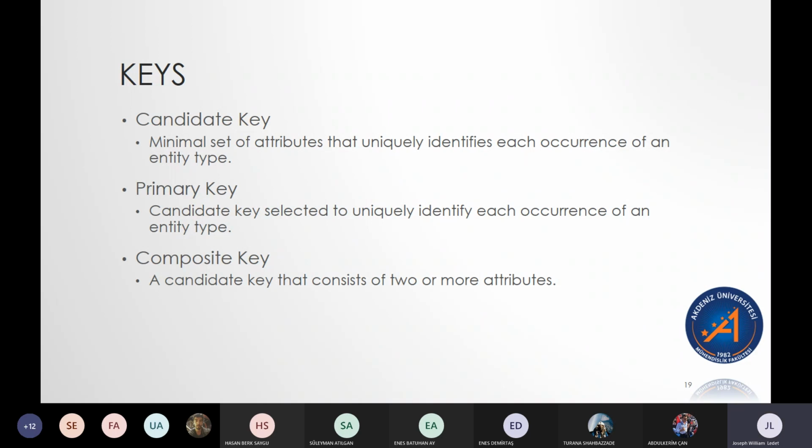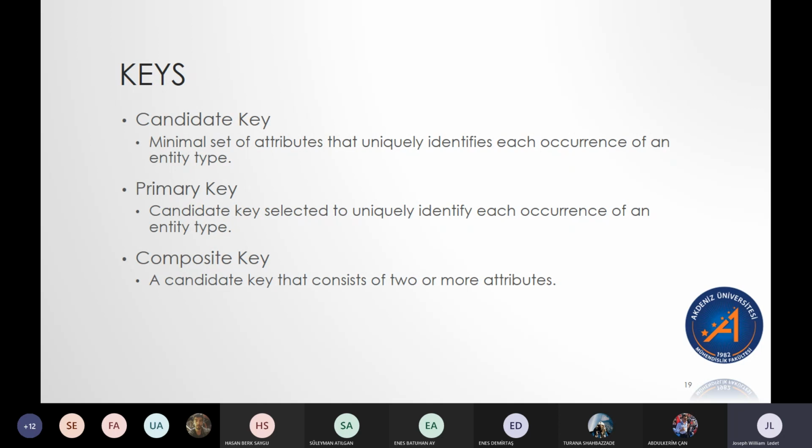One more final discussion about particular attributes. We've talked about these before, right? Candidate key, primary key, and composite key. Every entity should have a primary key. I say should have. They don't always. Not every system has a primary key in all of its entities. But a well-designed relational database should have a primary key in every entity.